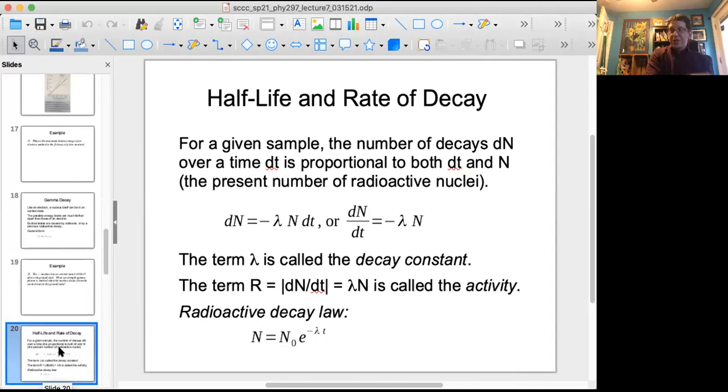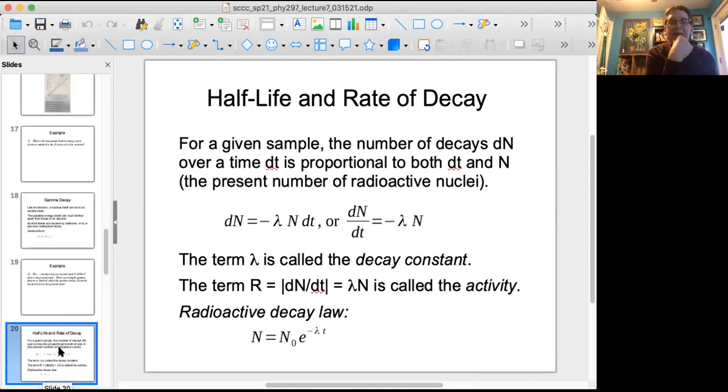So that brings us to the rate of decay. How quickly do things decay? So for a given sample, the number of decays dN over a time dt is proportional to both dt and N, the present number of radioactive nuclei. So the more radioactive nuclei you have, the more will decay over a time dt. And similarly, the longer the time dt, the more you can expect them to decay.